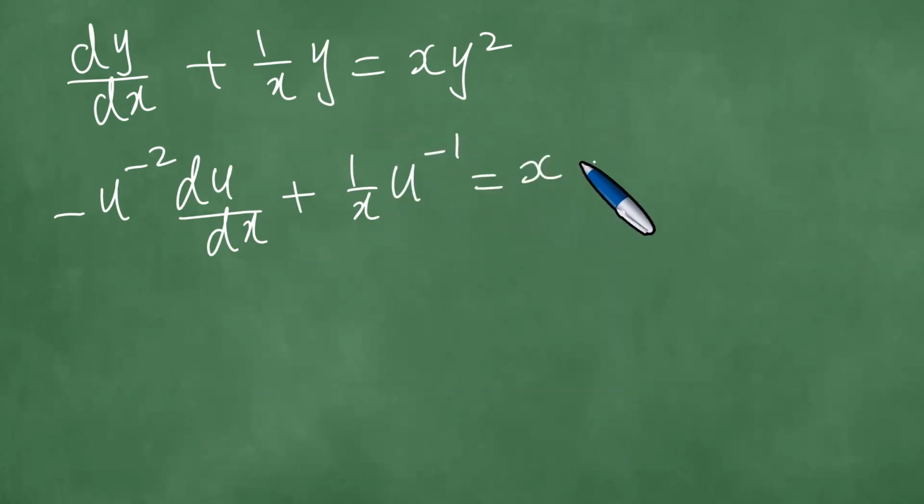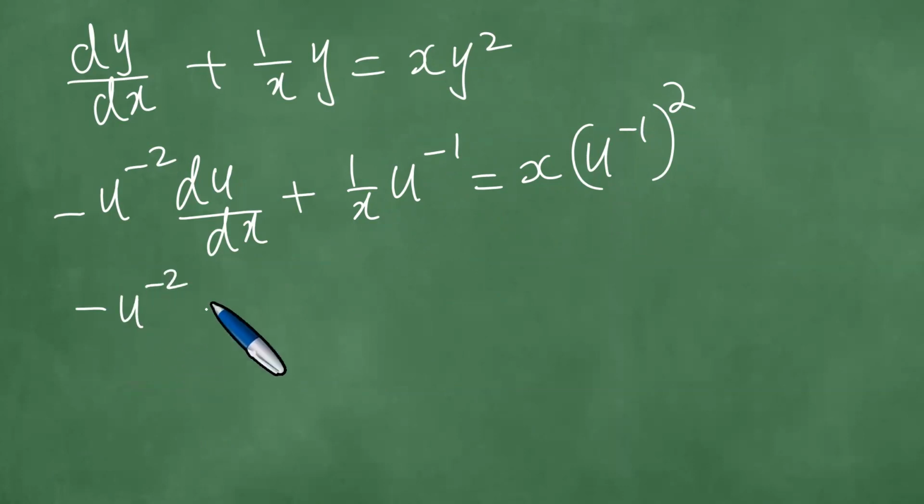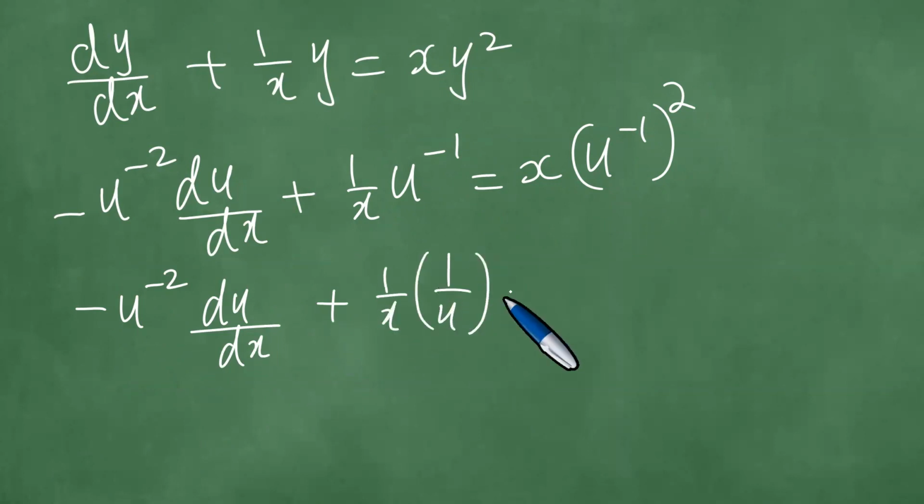So we have minus u to the minus 2 du/dx plus (1/x)(1/u), which equals x u to the minus 2. We multiply through by minus u to the power 2.